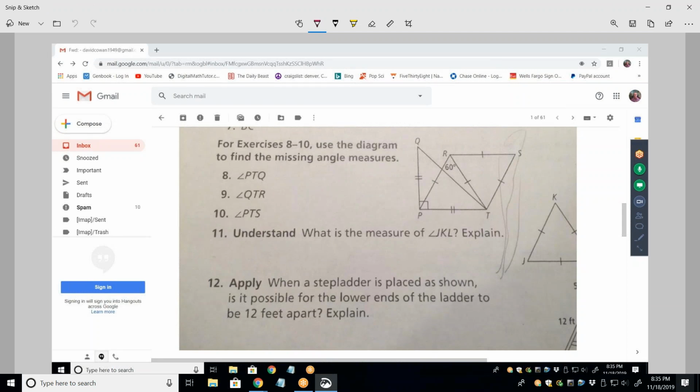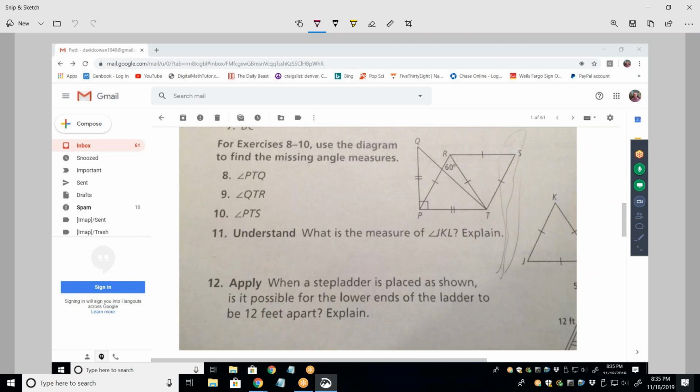So if we look at the triangle that is PQT, what kind of triangle is that? First of all, it's a right triangle, right? Yeah, it's a right triangle because it's got a 90 degree angle. It's also got two sides that are the same. Aren't they congruent? It's an isosceles triangle.